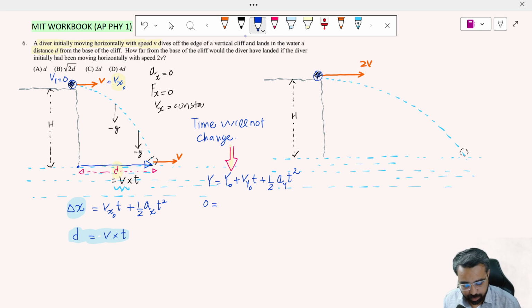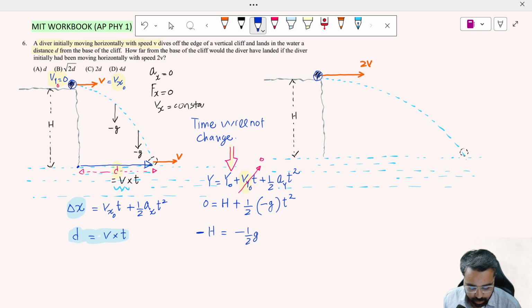And what was the initial position? The initial position was a height h according to the diagram, plus the initial velocity along the y-axis, which I told you is 0, plus 1 over 2 acceleration due to gravity, negative g, into t squared. You can take the h to the other side, and negative h is equal to negative 1 over 2 g t squared. By rearranging it, dear students, that is the equation for the time.